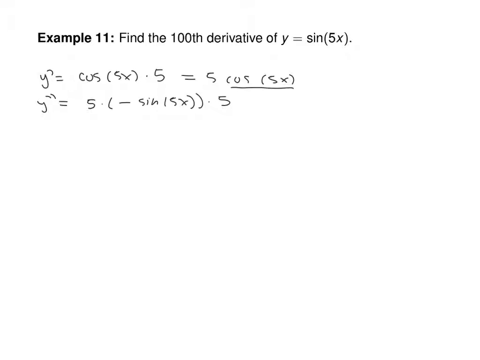So can I write that as negative 5 squared sine 5x? You could say 25, but I'm just going to leave it as squared because it's just going to get big quickly. So third derivative, negative 5 squared. What's the derivative of sine of 5x?